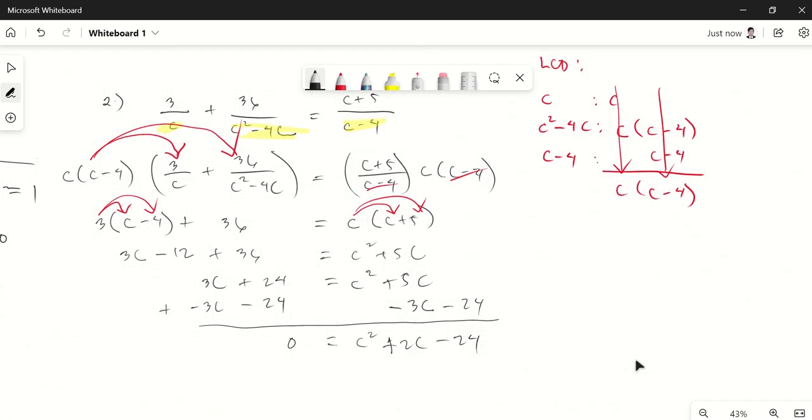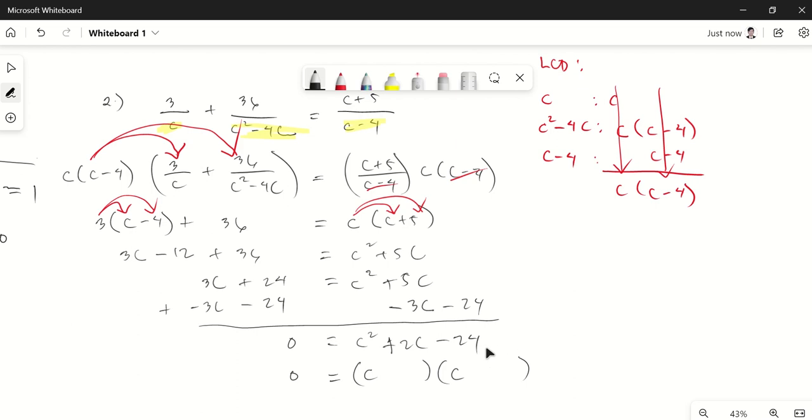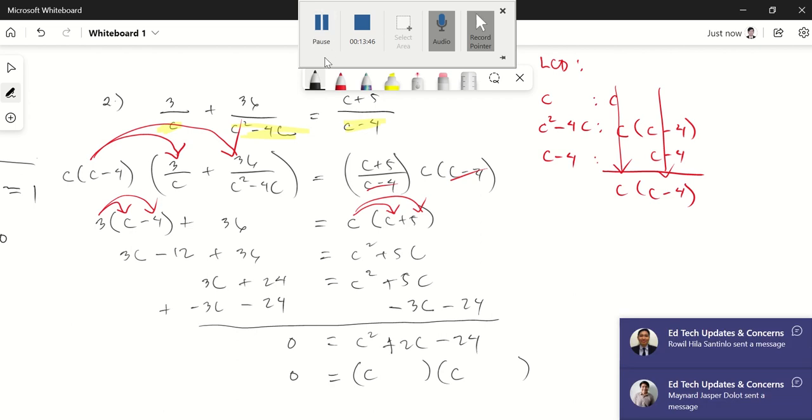So to find what c is, you need to factor the right-hand side of the equation. That means we need two numbers such that if you multiply them, it should be negative 24, but if you add them, it should become 2.